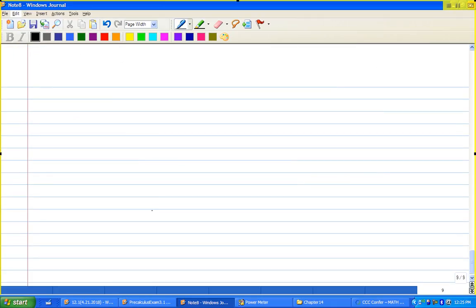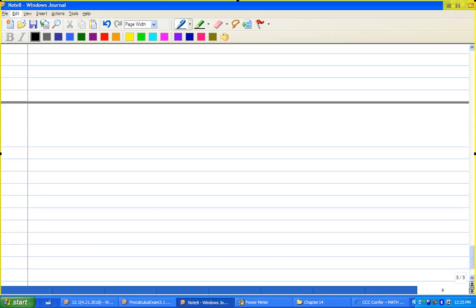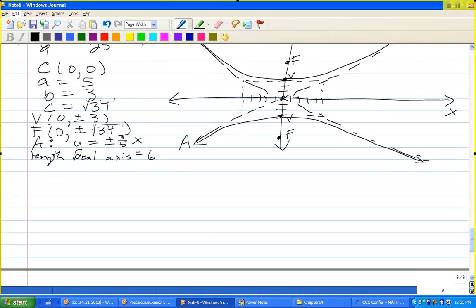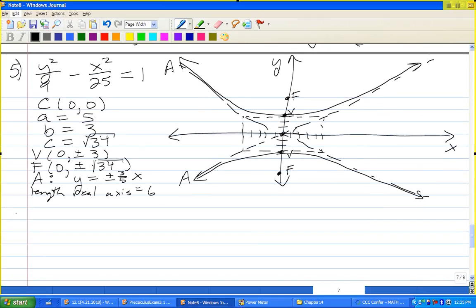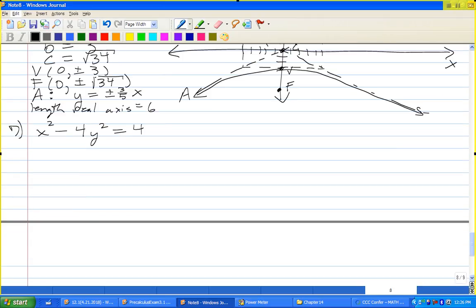Let's do problem 7. x squared minus 4y squared equals 4. Okay, so first thing, let me divide both sides of my equation by 4.